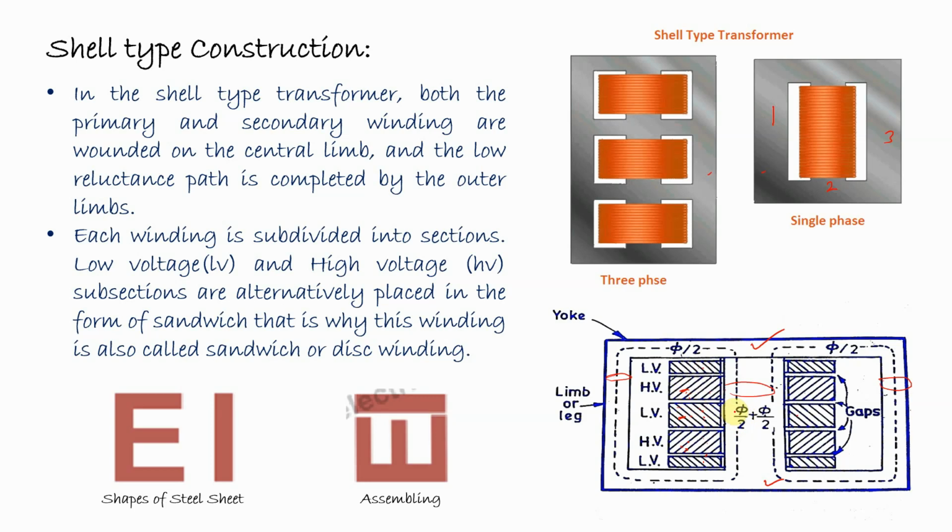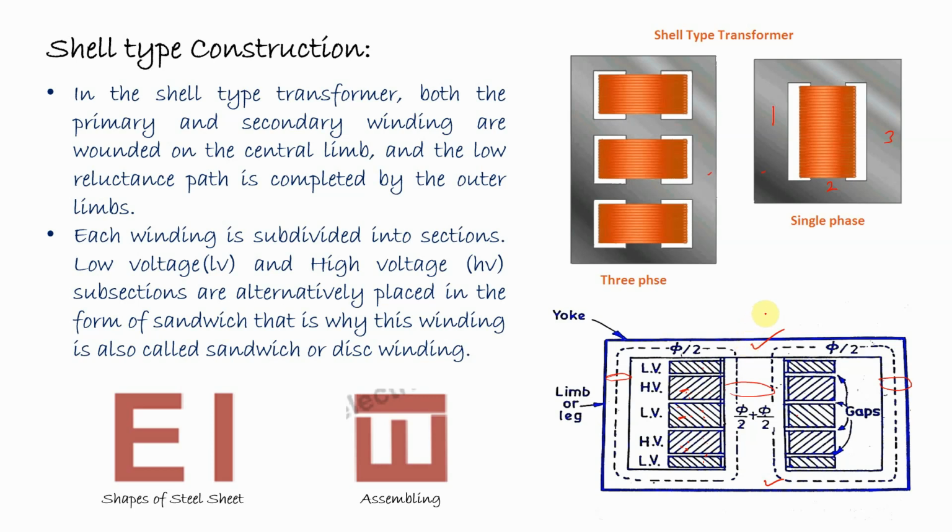Remember one thing, the material required for the construction of the core of the shell type transformer is more than that of the core type transformer of the same rating.